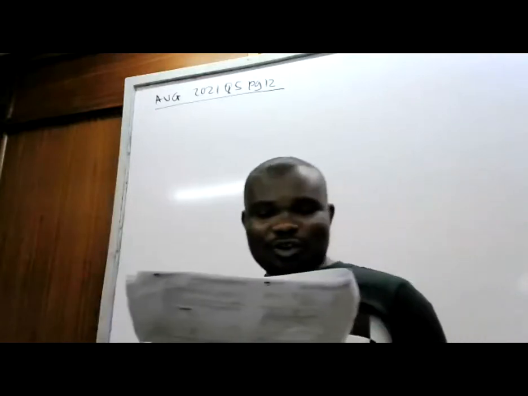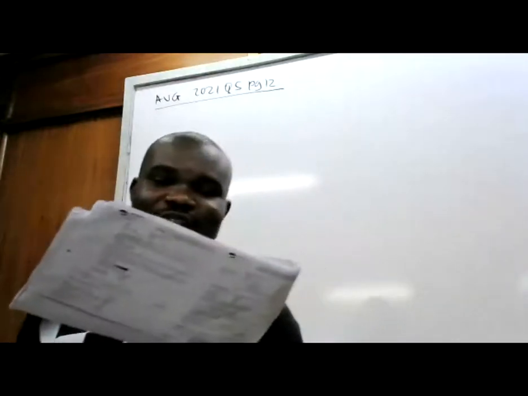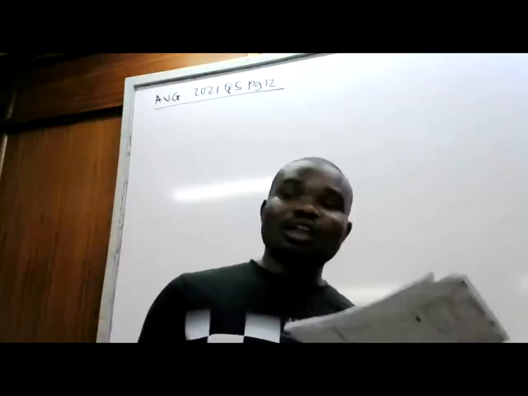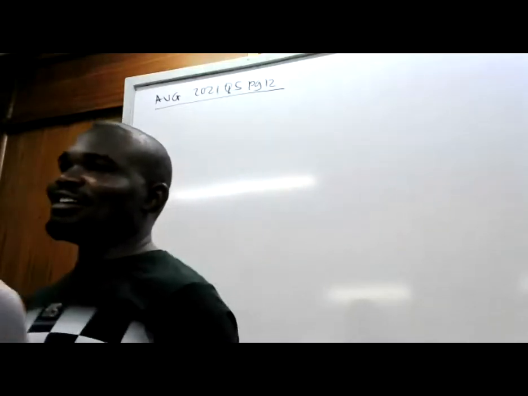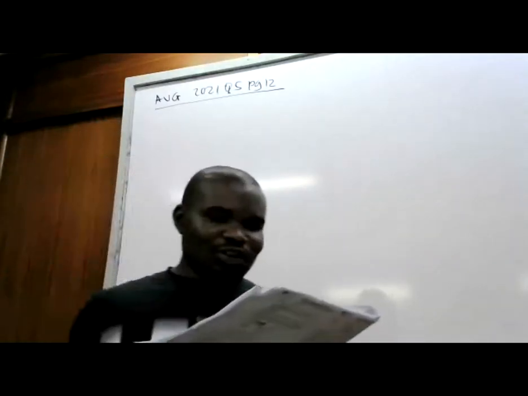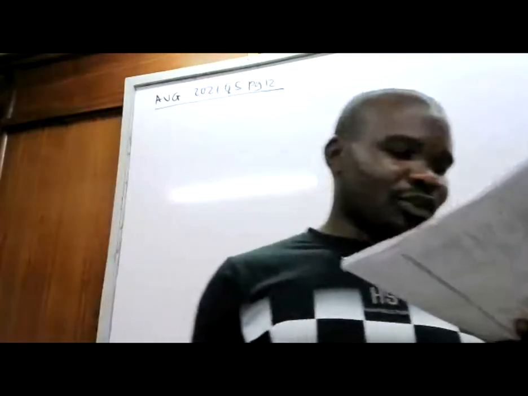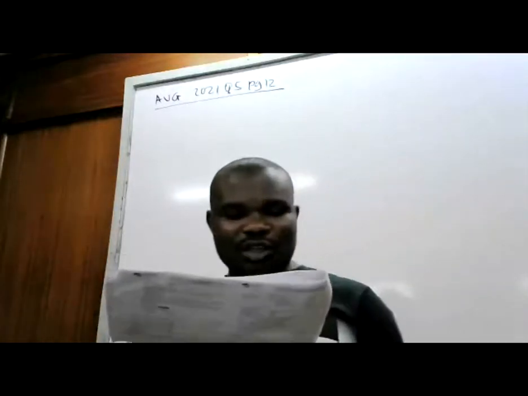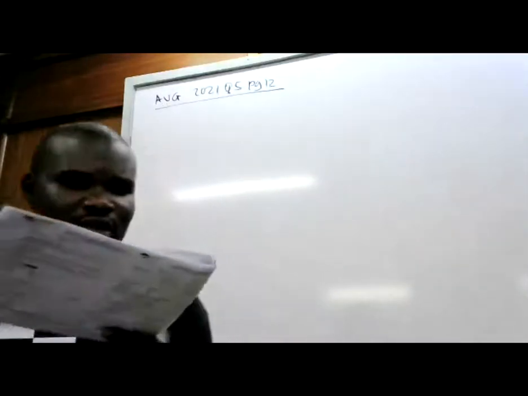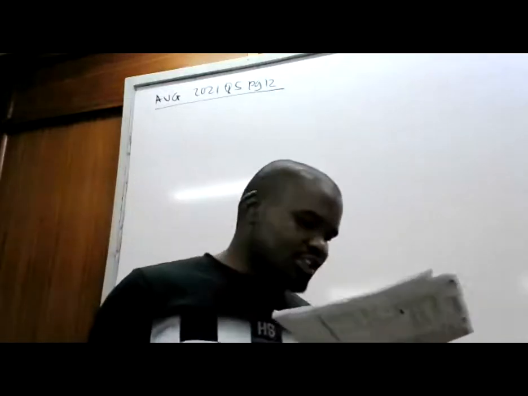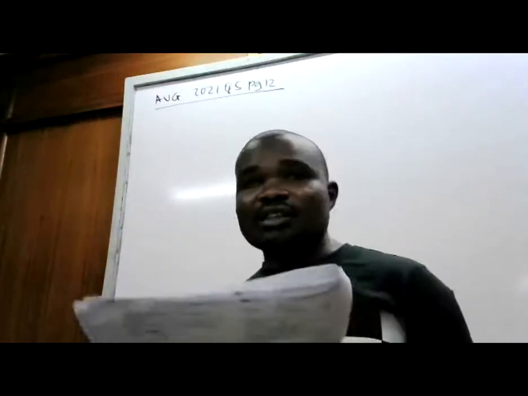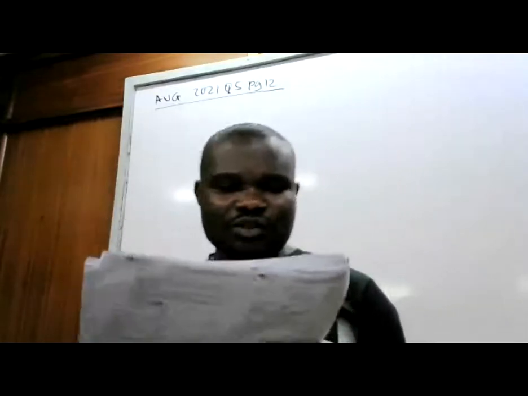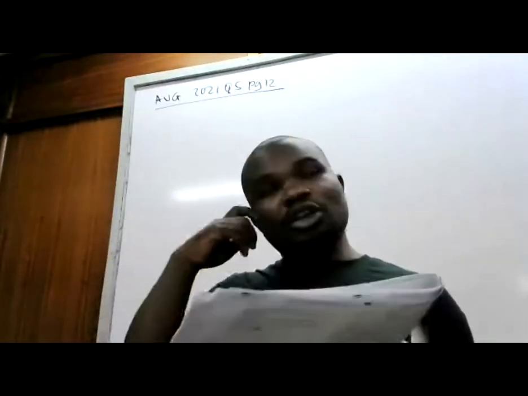Anyway, for the years 2019 and 2020, compute the following ratios: gross profit markup, gross profit margin, net profit margin, ROCE, current ratio, acid test ratio, accounts receivable collection period.